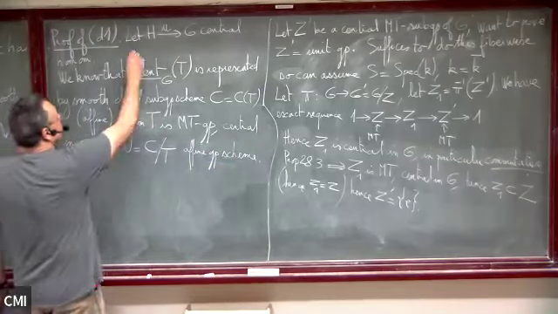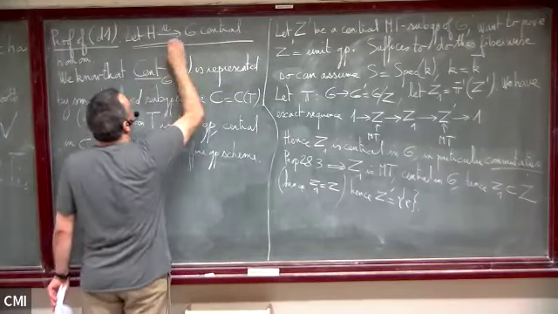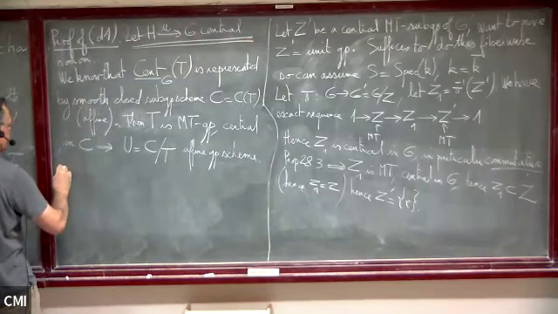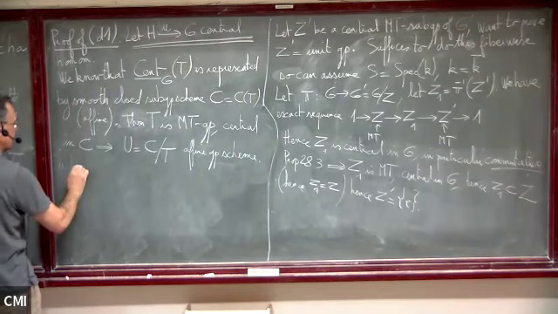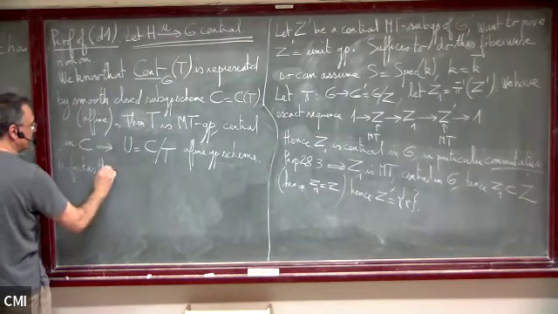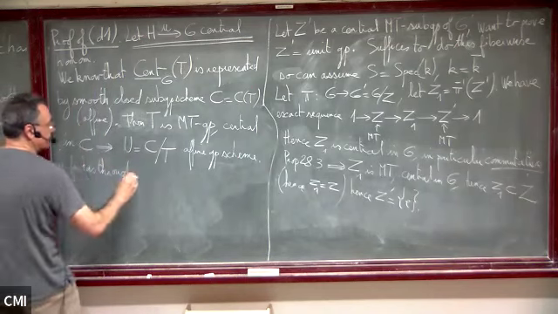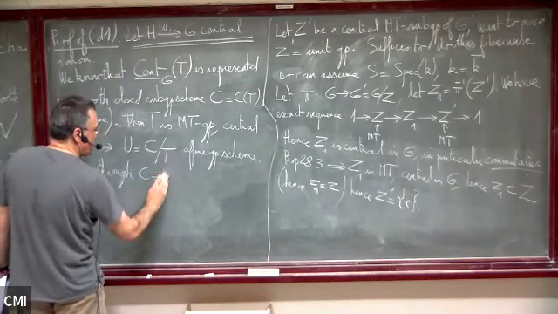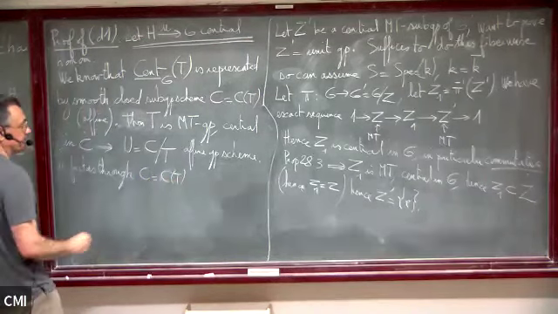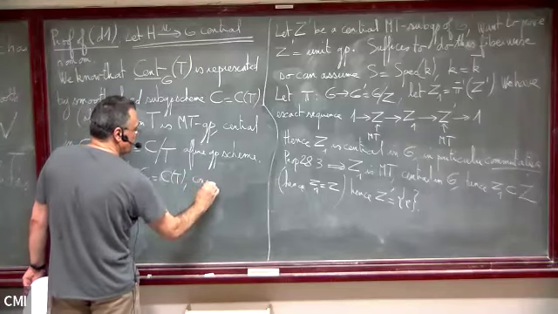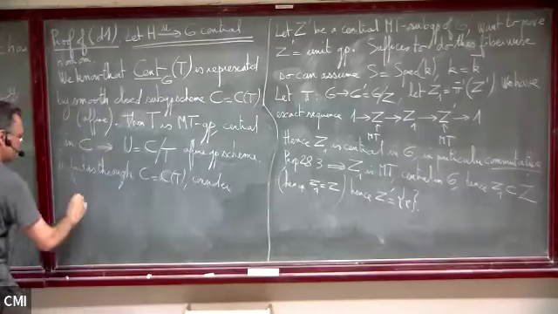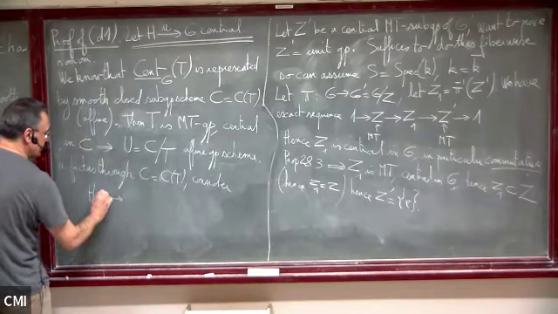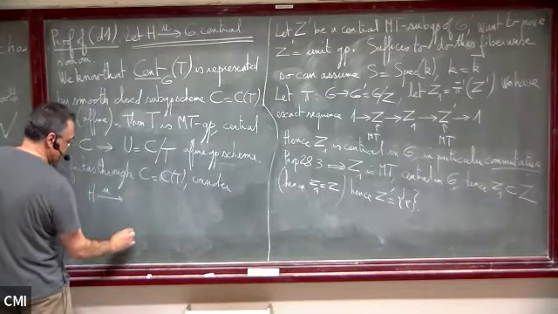And now we have this morphism U, which is central. And since it is central, U factors through C, which is the centralizer of T, and we consider the composed morphism.